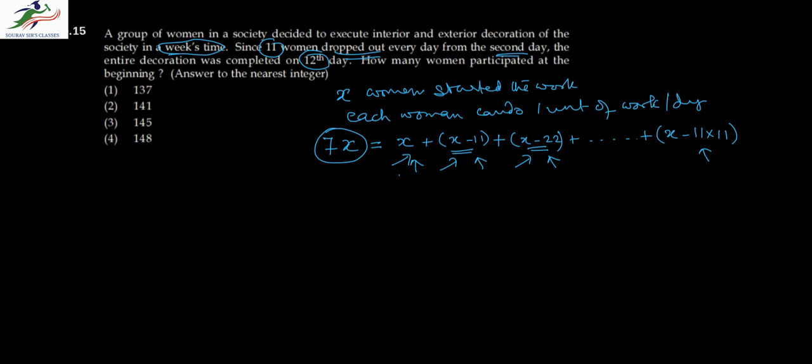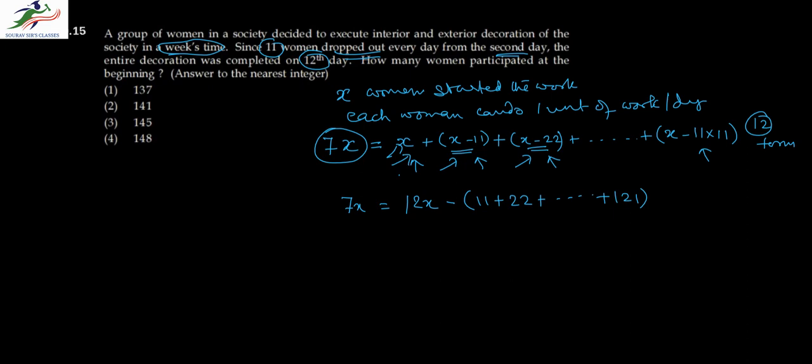So therefore we get this equation from where we can write 7x is equal to, we know that there are 12 terms because there are 12 days of work. So x will appear 12 times. So this is equal to 12x minus 11 plus 22 plus all the way up to 121.